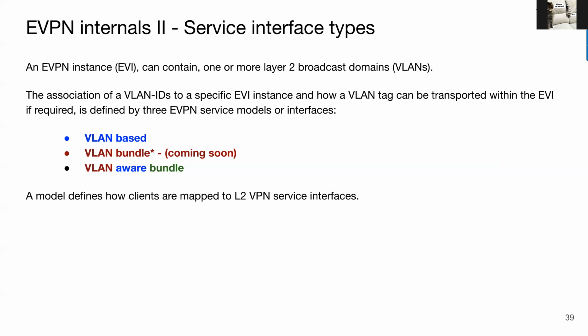That won't work. So my VLANs need to be consistent. I can't have VLAN 10 be in a 1-for-1 VLAN based MAC-VRF across all my VTEPs, and then have VLAN 11 through VLAN 3000 as a VLAN aware bundle MAC-VRF.